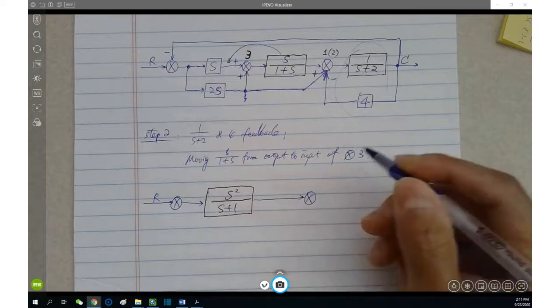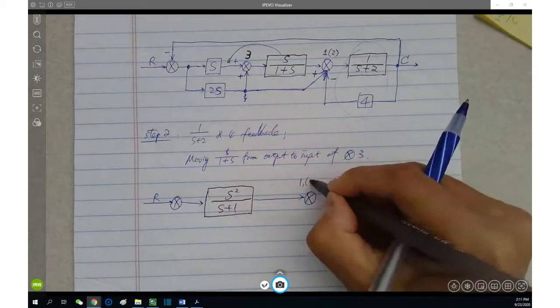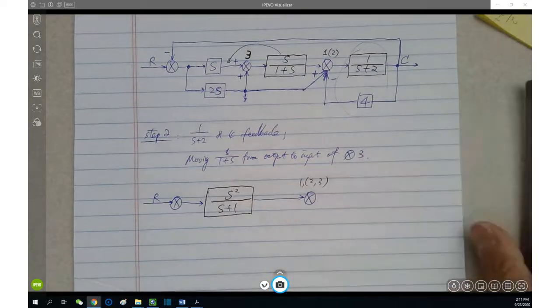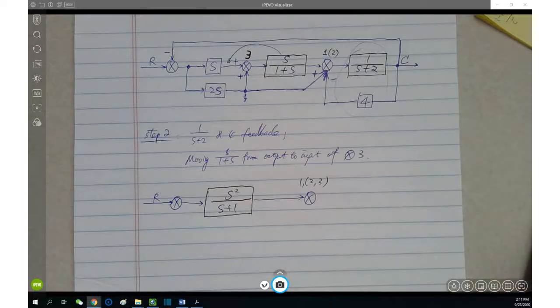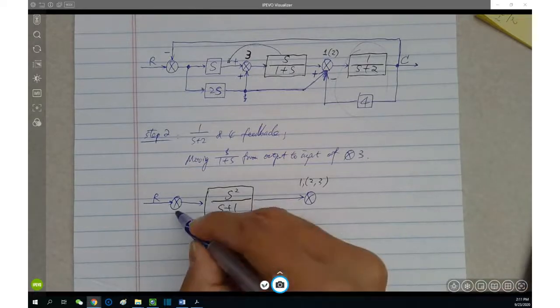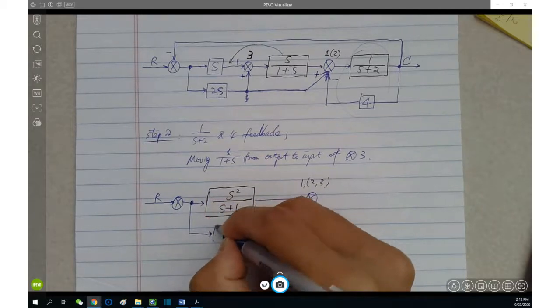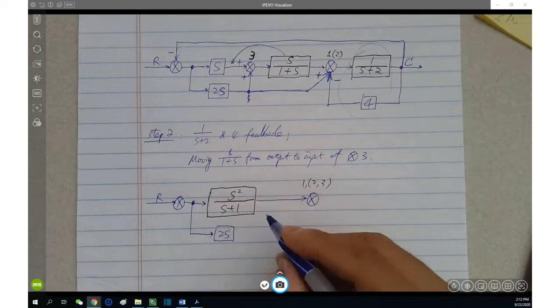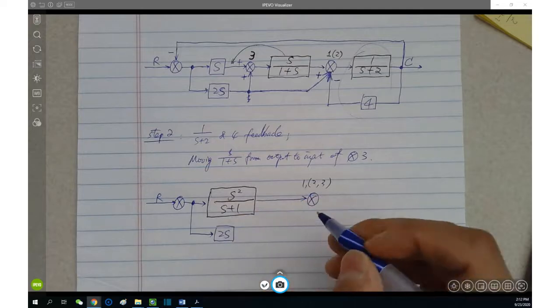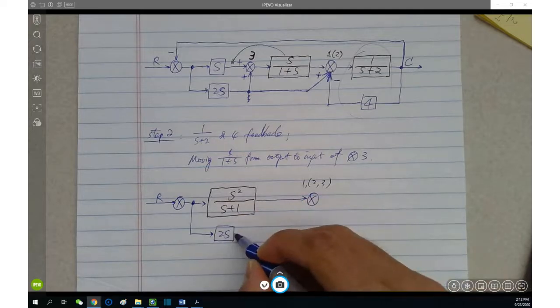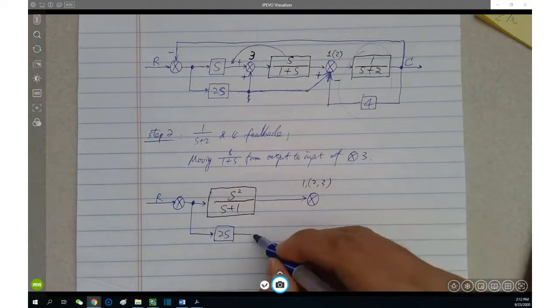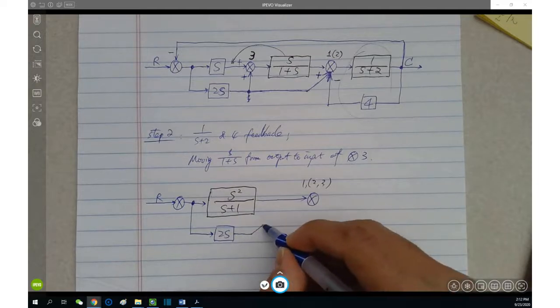And then you combine summing junctions 1, 2, 3 together. Meantime, you can't lose this 2s. And guess what? It's a little bit tricky.